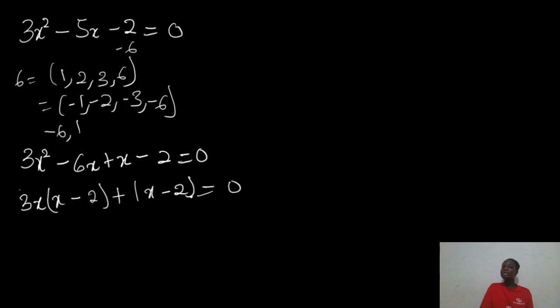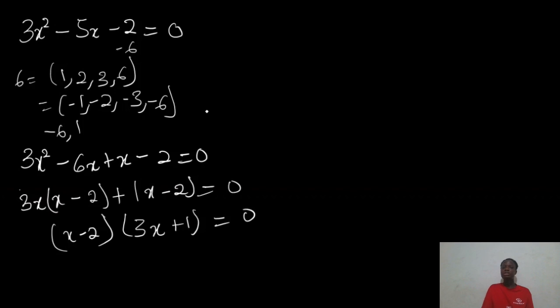Between these two expressions, the common factor is x minus 2. If you bring x minus 2 out, what is left is 3x from the first part and positive 1 from the second, so we have x minus 2 times 3x plus 1, equal to 0.